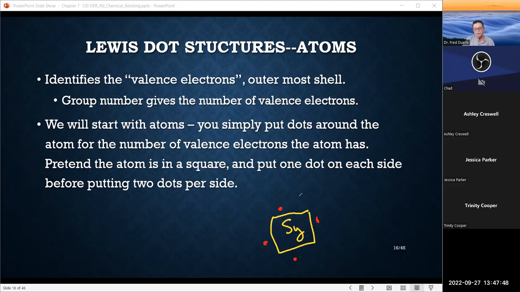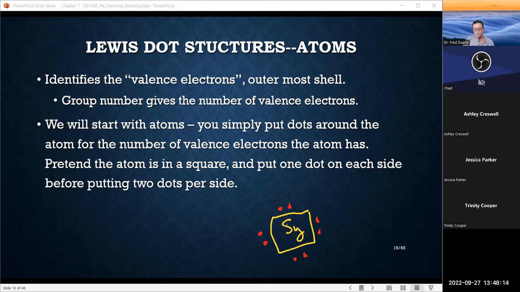Whether I go clockwise or counterclockwise makes no difference. Now if I look for an element with 5 valence electrons, I can double up and keep going around the horn. So that represents 5 valence electrons, 6 valence electrons, 7 valence electrons, and then the noble gases.